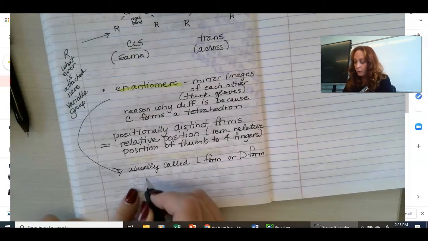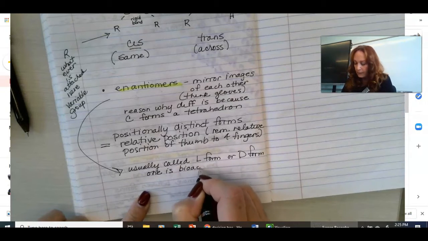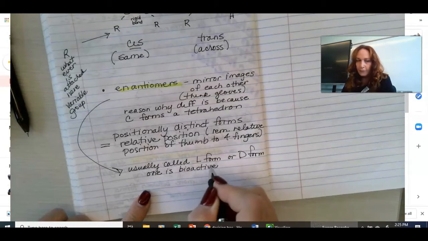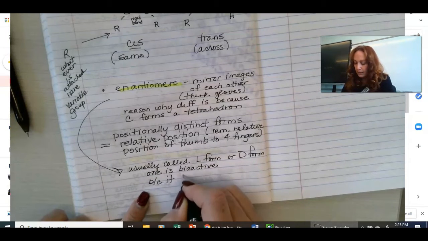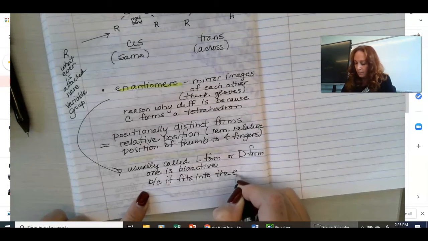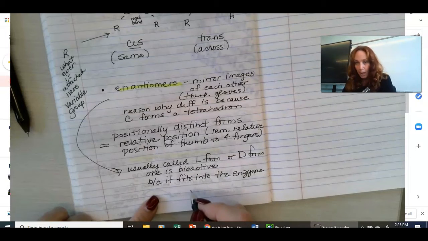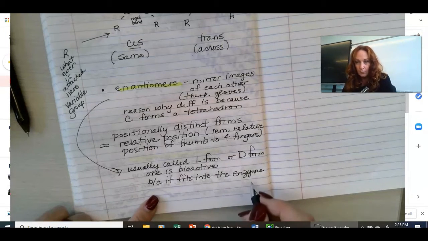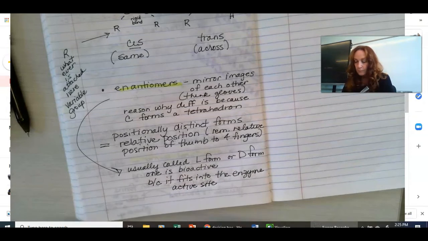So one is bioactive, and the reason would be because it fits into the enzyme, which those are like the little machines that do work, the pocket, the part like the glove, so the enzyme active site. The other one won't fit.